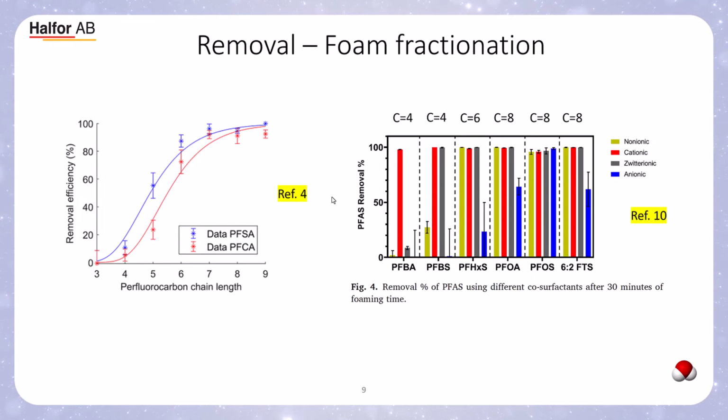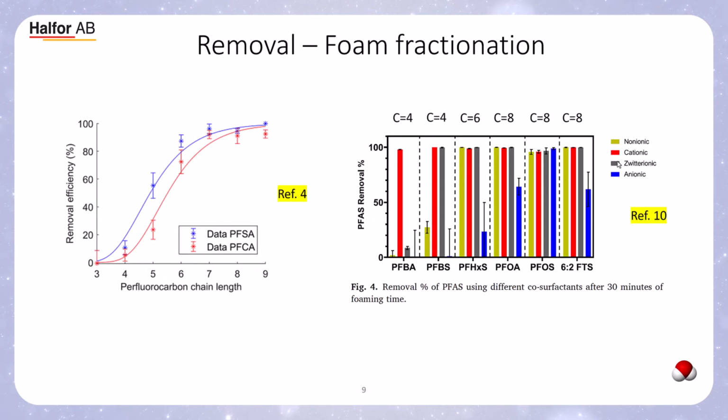However, if you now look at the other graph on the right hand side here, and that is from reference 10, here you have used different types of surfactants to work together with the hydrophilic group on the PFAS substances. So you have non-ionic, cationic, zwitterionic and anionic surfactants.